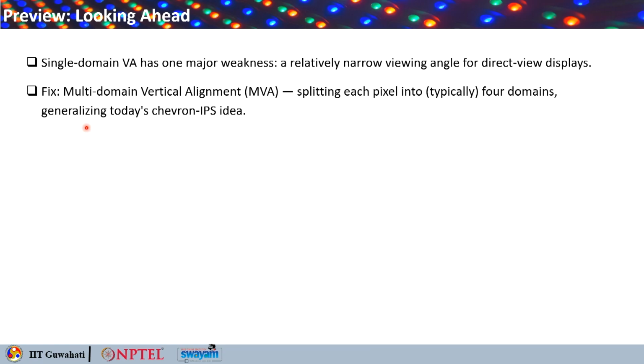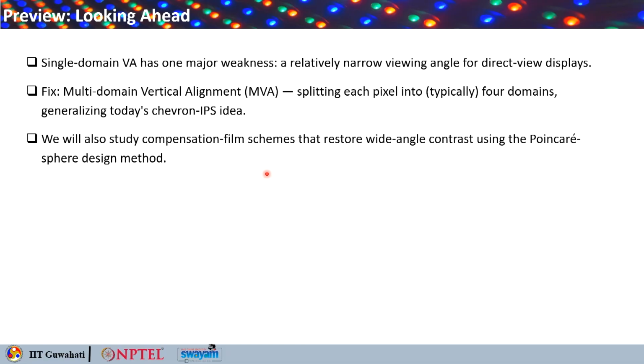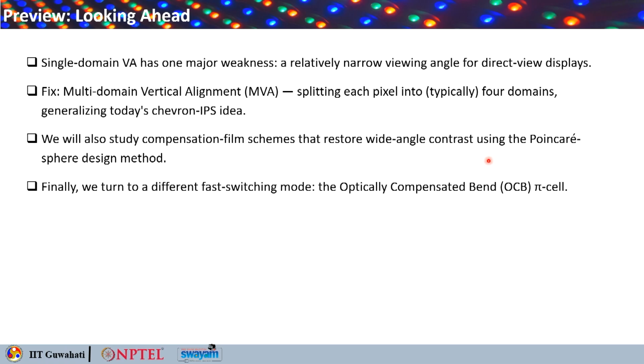You can generalize today's chevron IPS idea, and we will also study the compensation film schemes that could restore the wide angle contrast using the Poincare sphere design. And finally we turn to different fast switching modes, the optically compensated bend OCB pi cells. We will discuss this in the next lecture.